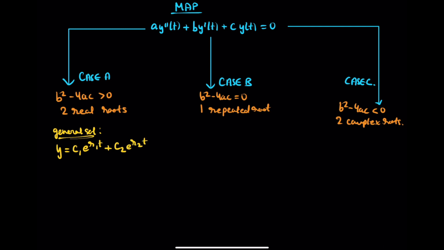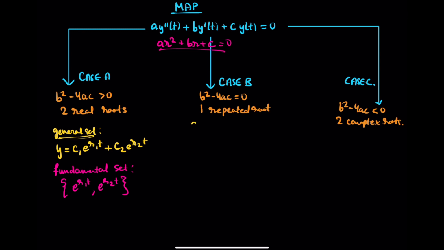And then your fundamental set of solutions was e^(r1 t), e^(r2 t), and the r's are based on the characteristic equation a r squared plus b r plus c equals 0.